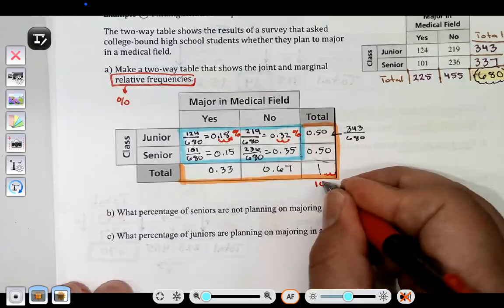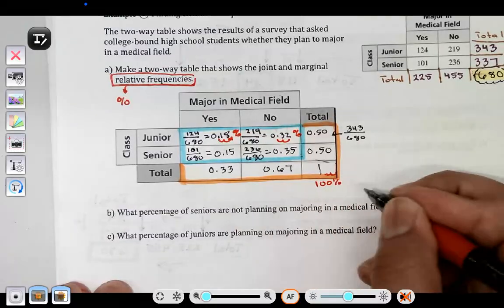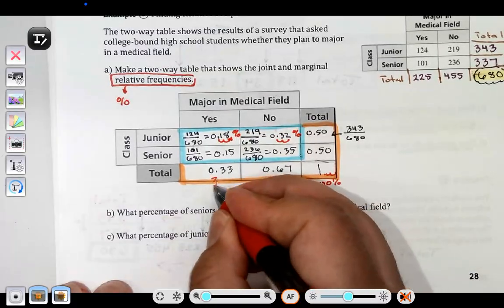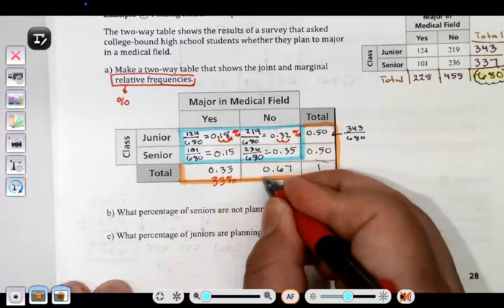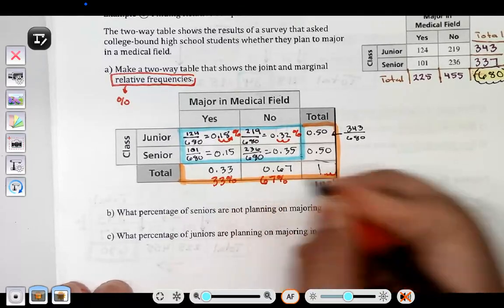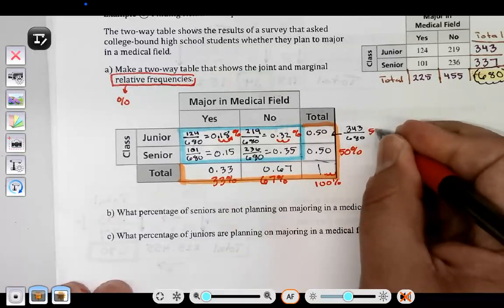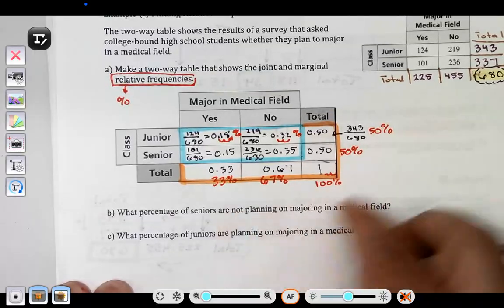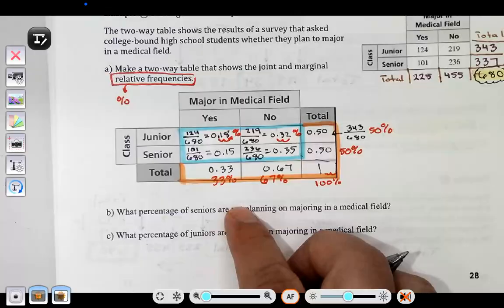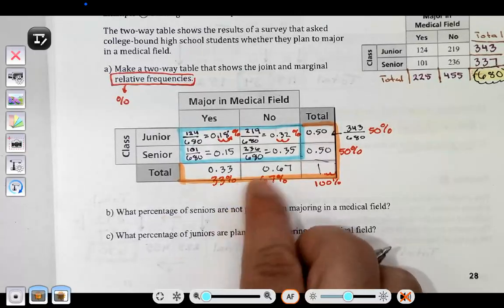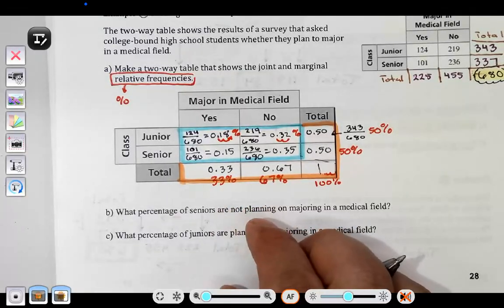This is 100%. This one right here is 33%. This one is 67%. This one is 50%. That one was 50%. That's why they add up to 100. So just remember, when you're writing it as a percentage, well, just move the decimal twice. That's all you have to do, move it twice.